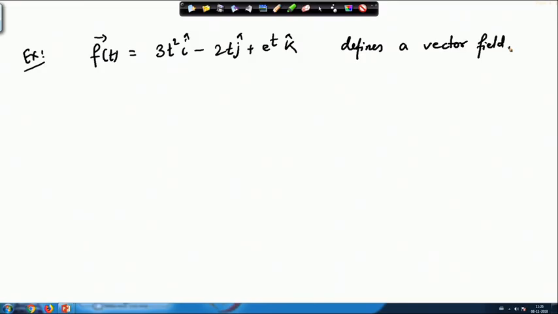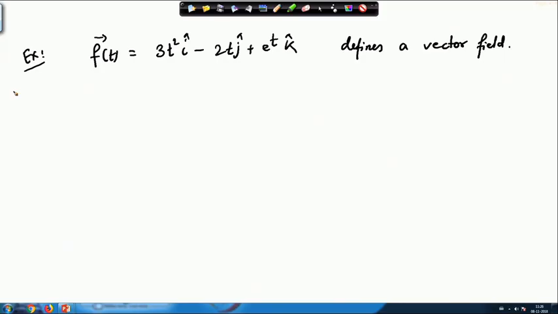We can have any domain and this will be defining a vector field. In a similar fashion we can define all sorts of vector functions. Defining the vector function and its domain of definition is really not a very complicated thing.